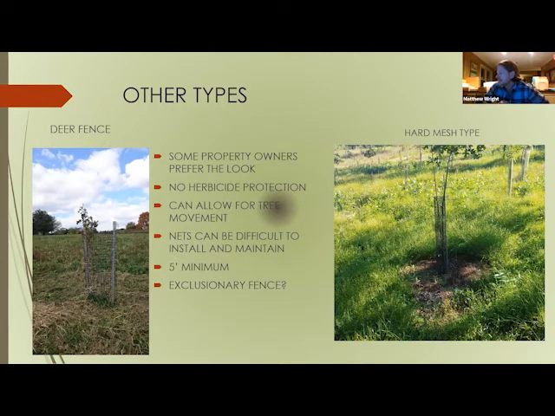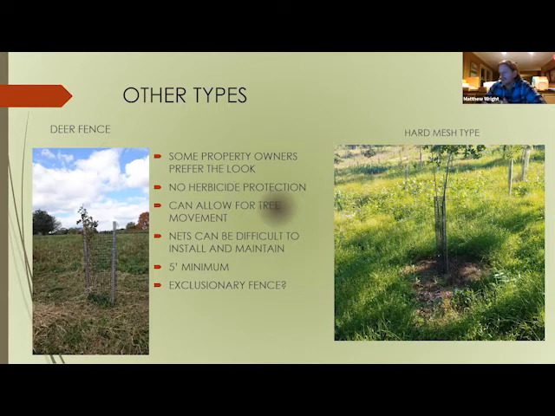It's hard to find the hard mesh at 5 feet, so we usually use those on larger stock, where the tree is at least 6 feet at that point. And the deer fencing has to be cut, which can be time consuming and a pain.